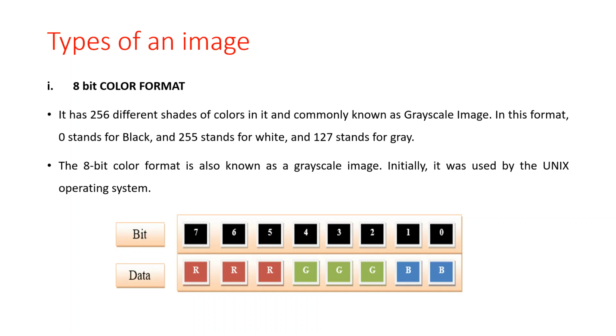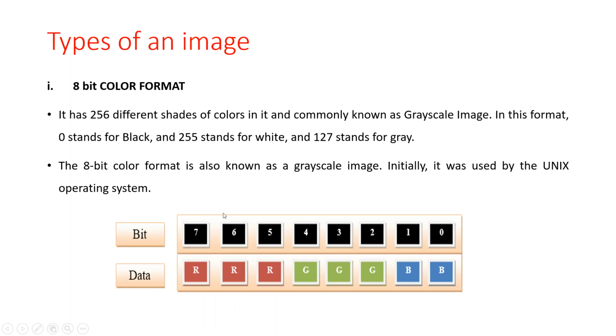The 8-bit color is used for storing image information in a computer's memory or in the file of an image. In this format, each pixel represents one 8-bit data. So it has a 0 to 255 range of colors, in which 0 is used for black, 255 is used for white and 127 for gray.